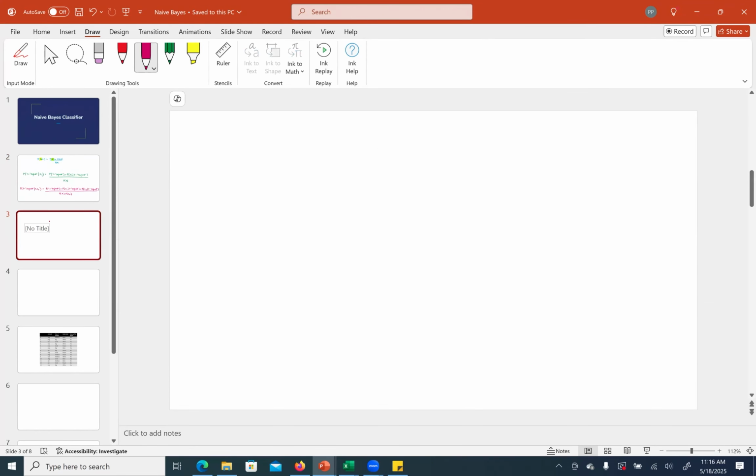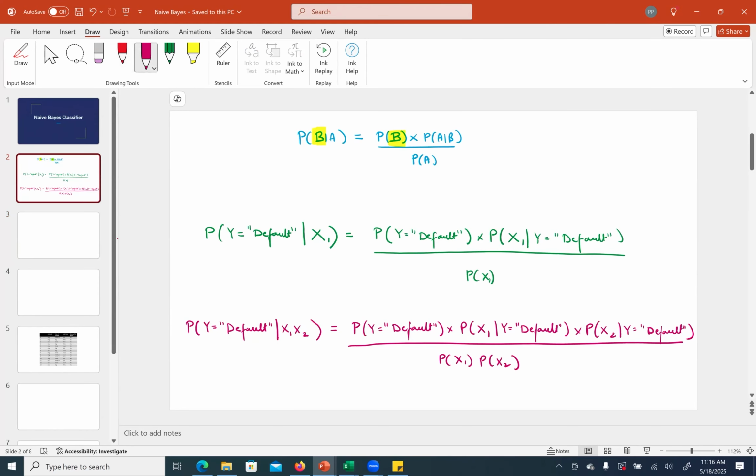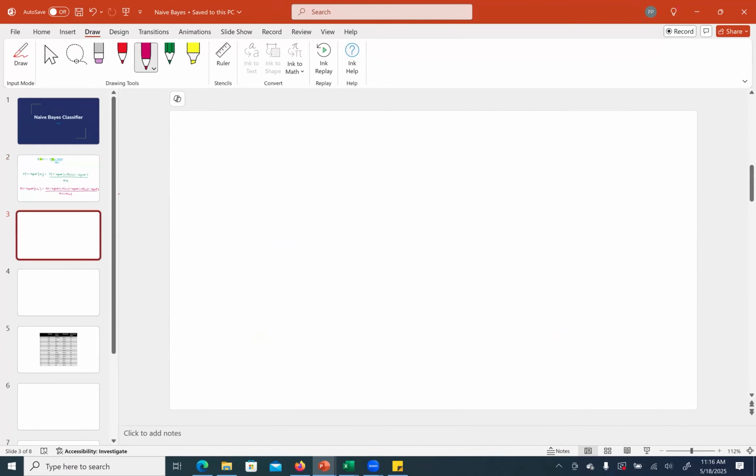But if you look at how you will see it over the internet, the generic version of it: this is for one variable, this is for two variables. What if I want to write it for n number of variables? Okay, for n number of variables, this is how it will look.